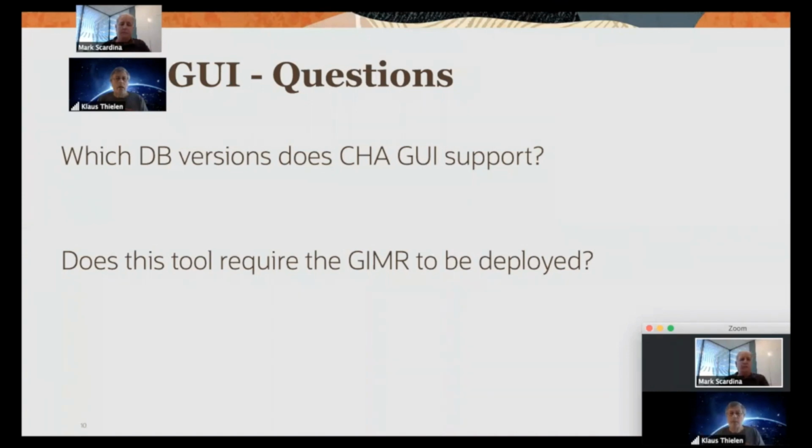Okay, so somebody asked, but the GIMR is not there in 19c now, I think. That is not entirely correct. It is optional, and there is a local mode that CHA can run in to actually generate events if you don't have the management repository installed.